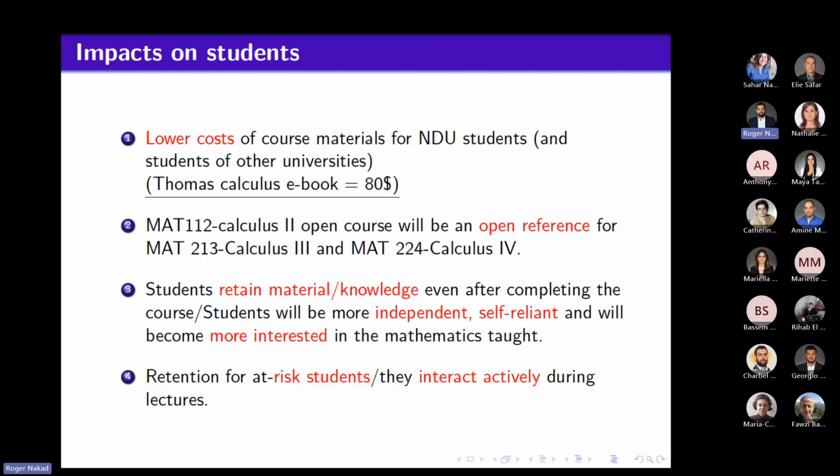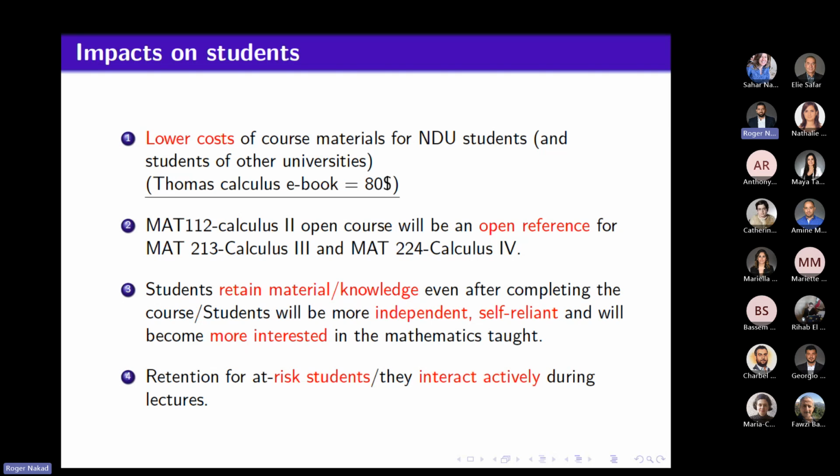On the students, as said by Dr. Baroud, we have reduced costs because the Calculus 2, Calculus 3 or Calculus 4 book is around $150. The ebook is around $80. So you can imagine how much we decreased the cost for the students. Calculus 2 was chosen because it is a prerequisite course for Calculus 3, Calculus 4, OGE, and the series of calculus courses.